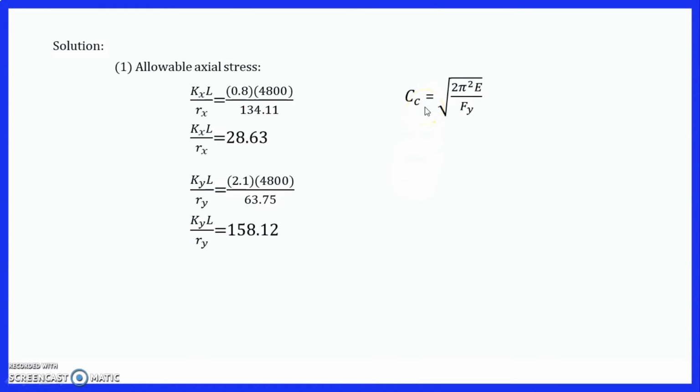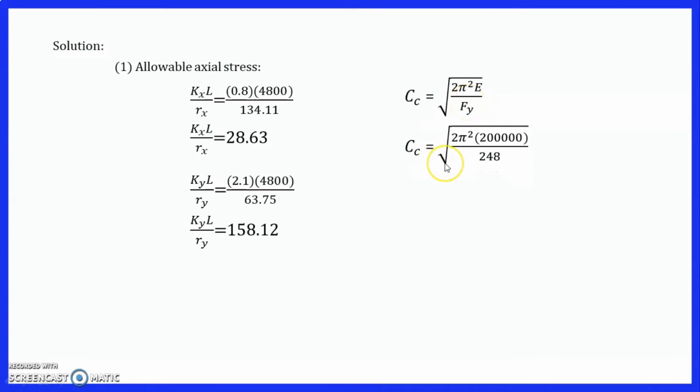Now let's solve for the critical slenderness ratio in order for us to know what formula we're going to use in computing the allowable axial stress. So we have the critical slenderness ratio is equal to the square root of 2 pi squared multiplied by the modulus of elasticity over the yield strength.